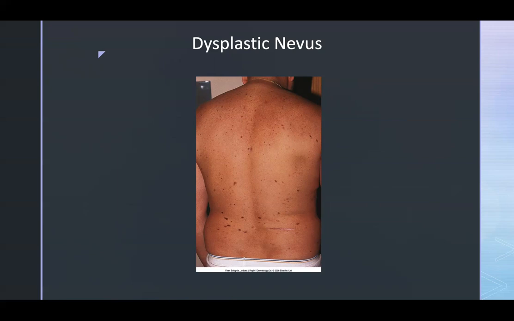Also relying on the patient's self-exam, although it's hard for them to examine their own back, but if they have a family member who's looking at their back, or they notice something on a visible part of their skin that's changing, that will also help key you in. And at the end of the day, if you're worried about a lesion, your gut's telling you to do a biopsy, it's probably just safer to go ahead and do the biopsy.